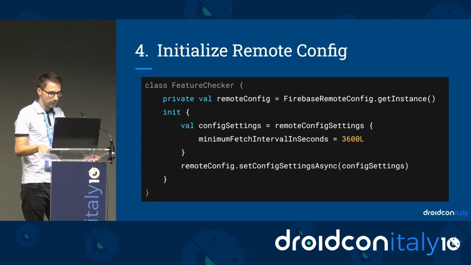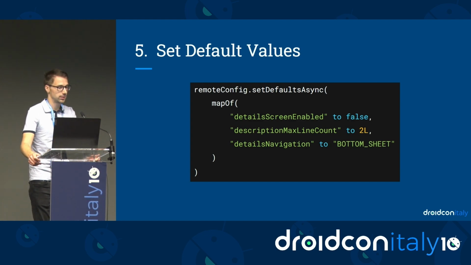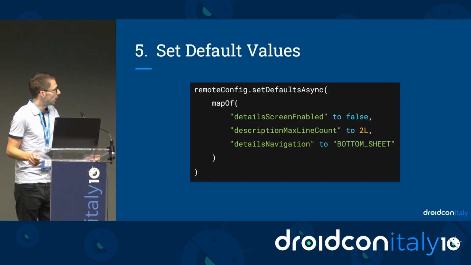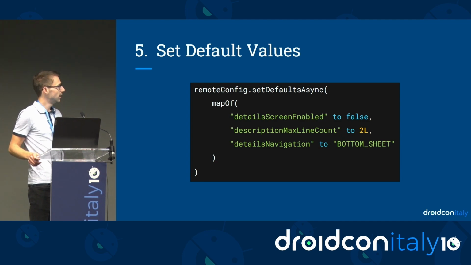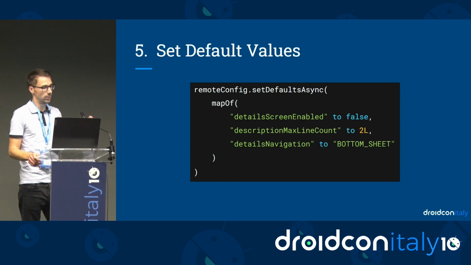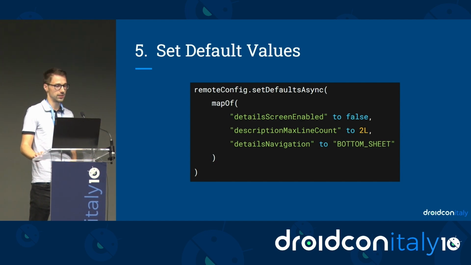Another thing we need to do is to set the default values. Because the SDK needs to call the Firebase remote service to fetch the values, and that's a network request, it takes some time before the values become available. So to avoid a situation where you don't have values, you can define your local client defaults.